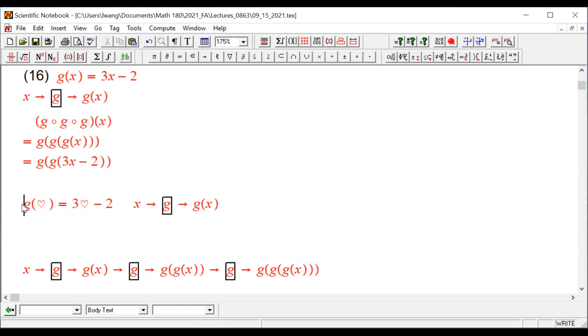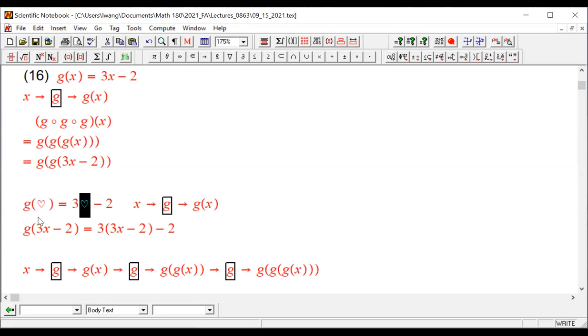So when we encounter this piece, 3x minus 2, that heart becomes 3 times the heart minus 2. Do you see that? Okay. When the input is a heart, it's 3 times the heart.